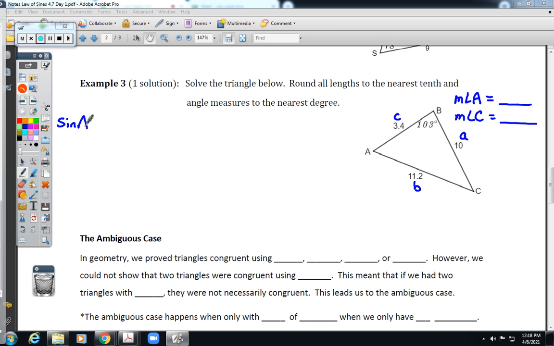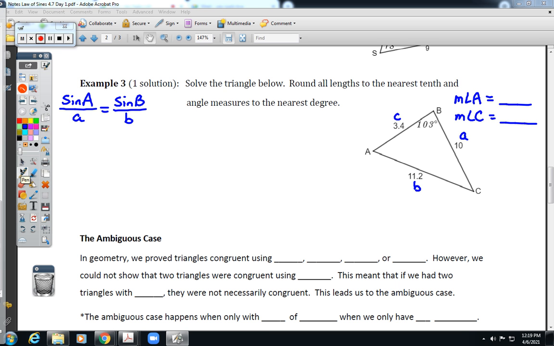So we're going to say sine of A over a equals, and then we have to use the B's because that's the pair where we know both pieces of information. So we'll do sine of B over b. Plug in what we know.